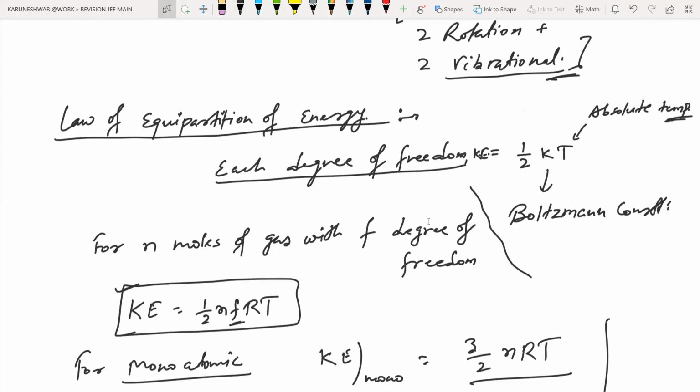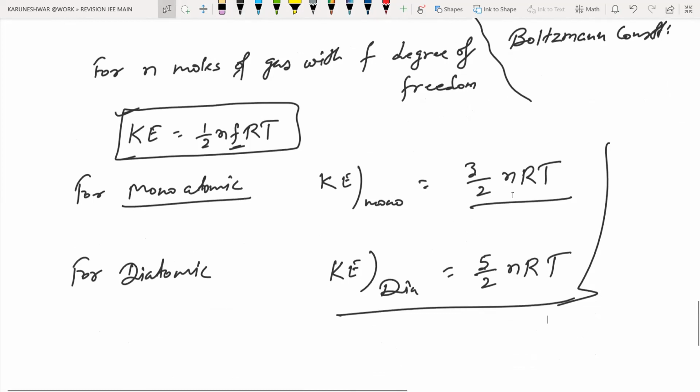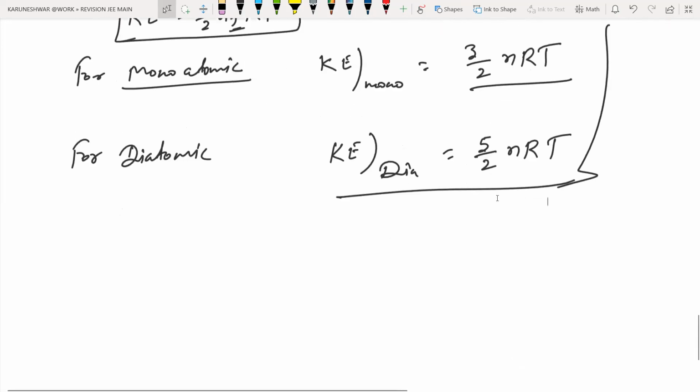So how many degrees of freedom? For monoatomic it is 3, so it is 3/2 nRT. In terms of nRT, 1/2 nFRT is the kinetic energy. If it is monoatomic, 3/2 nRT; if it is diatomic, 5/2 nRT. Likewise, you can change the degree of freedom, then the kinetic energy will change, and you can calculate it accordingly.